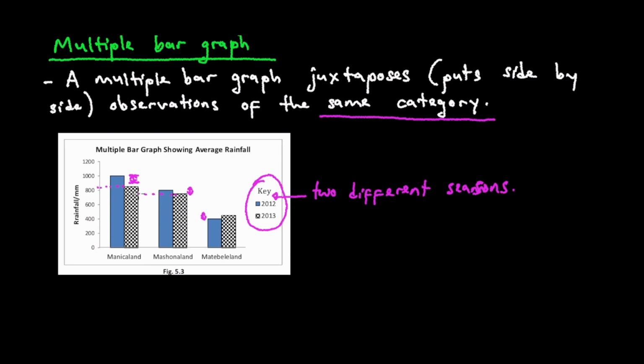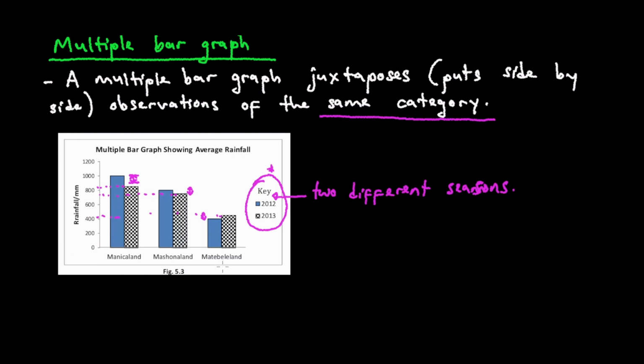For Mashonaland it's closer to 800, and then for Matabeleland it's slightly above 400. So when you do a comparison, the key is very important, because it is what will distinguish the seasons.